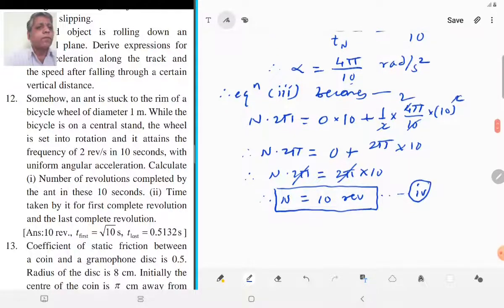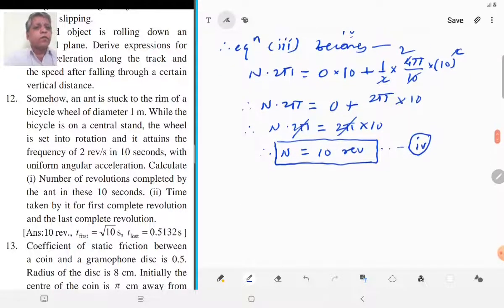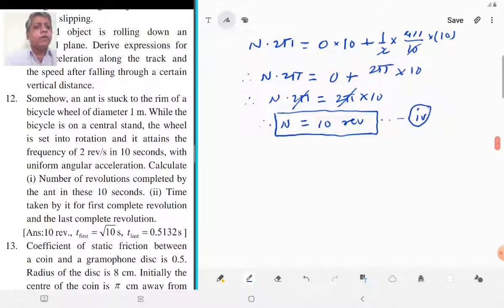Now to find out the time taken to complete the first revolution, that is the second point, that is to find out the time required for the first revolution.